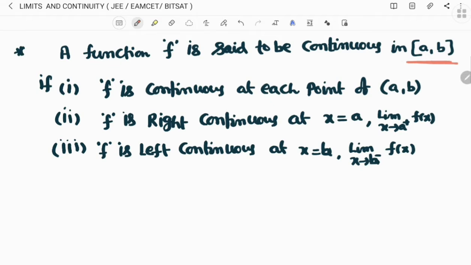So when the function is discontinuous, what are the possibilities? The concept of discontinuity. When we say that the function is discontinuous, we will discuss in what way.